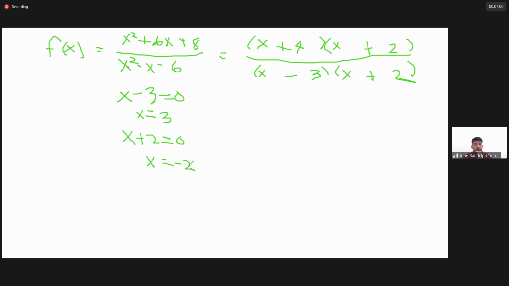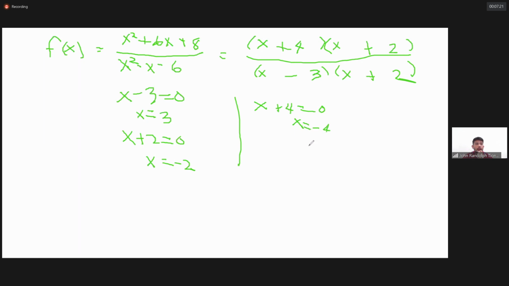Afterwards, you're going to identify the values of x that make the numerator equal to 0. The x plus 4, equate it also to 0, so x equals negative 4.